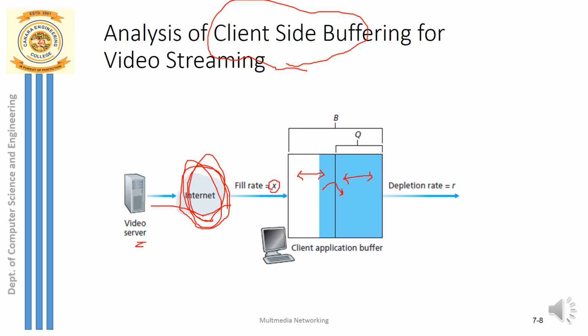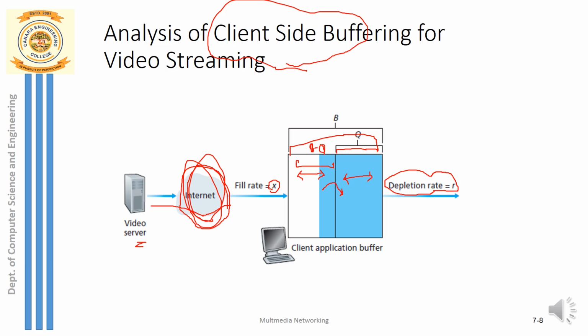Let us call this watching rate or playout rate, or depletion rate, R. The application buffer space is Q, and the entire buffer size is B, so the receive buffer of the client is B minus Q. First B minus Q gets filled up, and then the Q bits should be filled up.